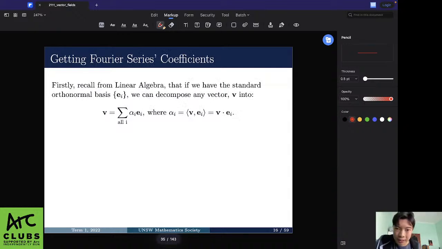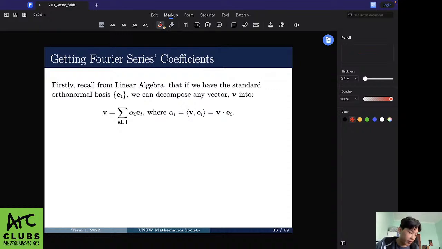So now that you know why we might want to know Fourier series, how exactly do we find the coefficients? Well, we can look back at linear algebra and think of how we might, given a basis, decompose a vector v.